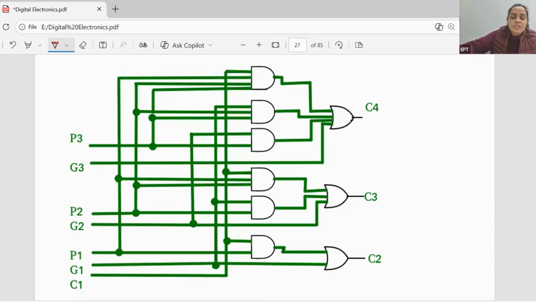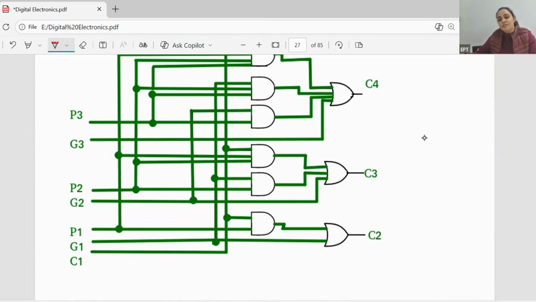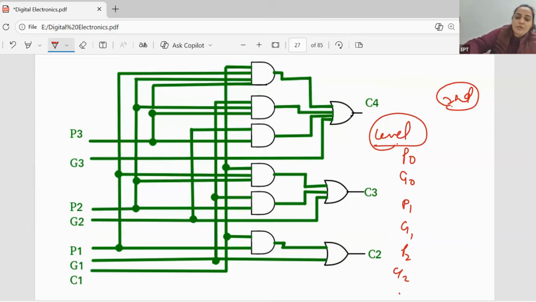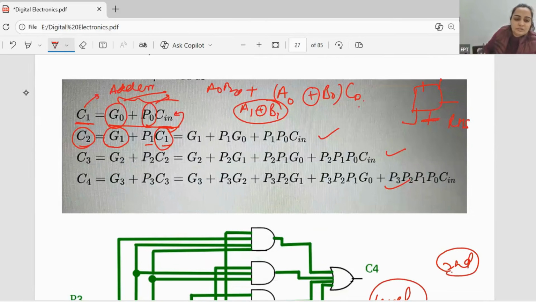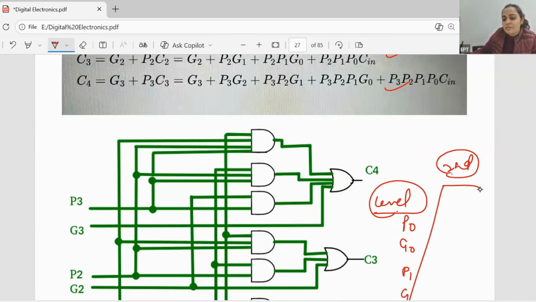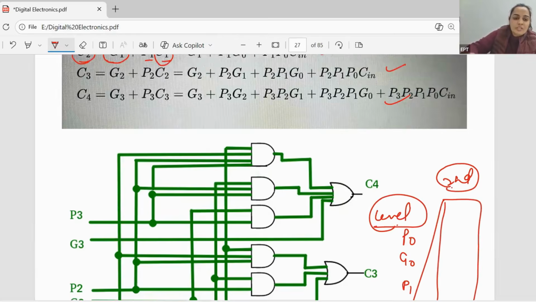Now I will separately generate the carry because at level 1, you will be ready with P0, G0, P1, G1, P2, G2 like this. At the second level, you will generate the carry, this expression. Inside this level 2, we will have these circuits.